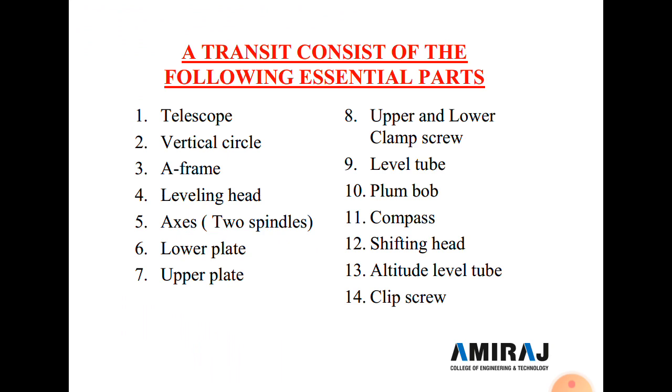Now, the transit consists of the following essential parts. There are 14 main parts of the theodolite.